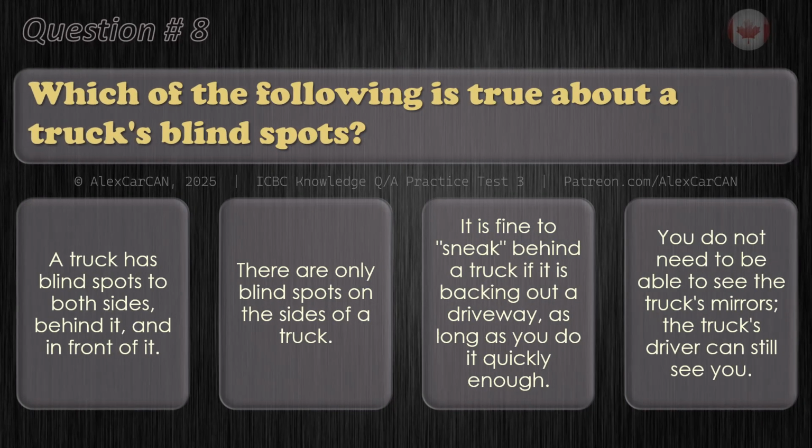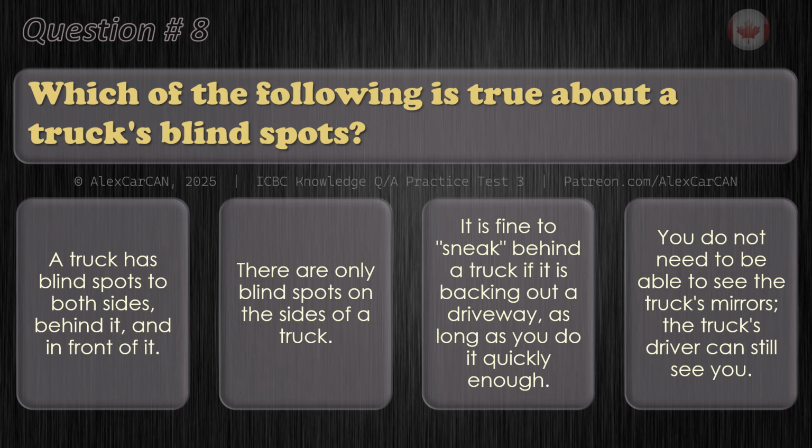Question number 8. Which of the following is true about a truck's blind spots? A truck has blind spots to both sides, behind it, and in front of it. There are only blind spots on the sides of a truck. It is fine to sneak behind a truck if it is backing out a driveway, as long as you do it quickly enough.